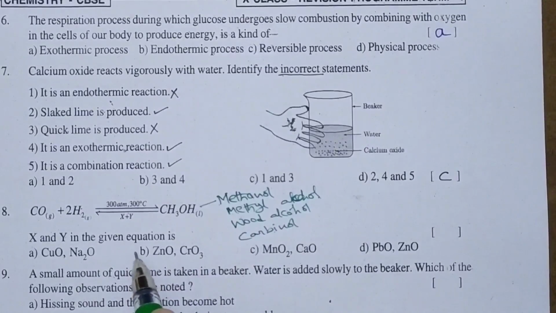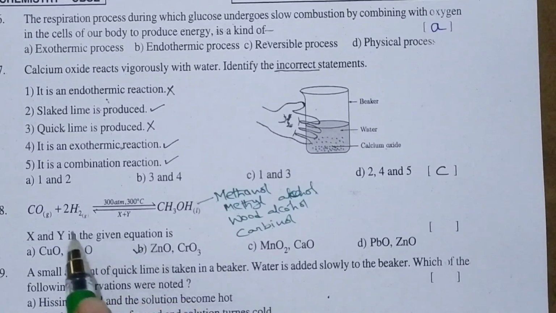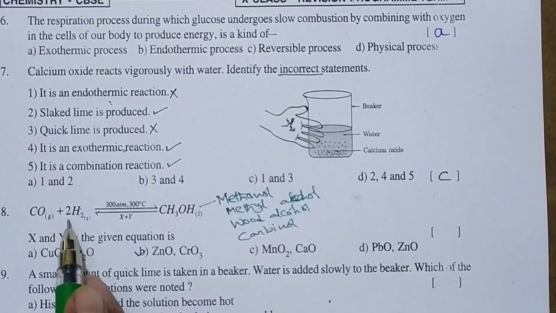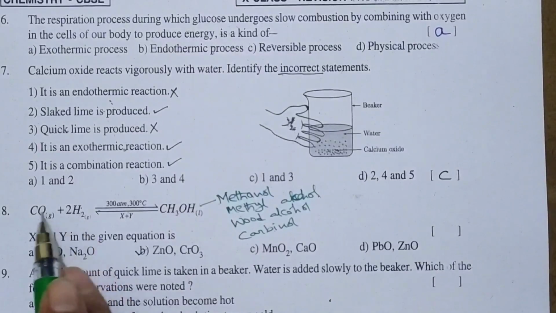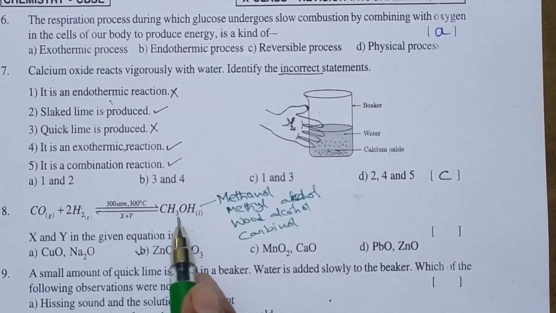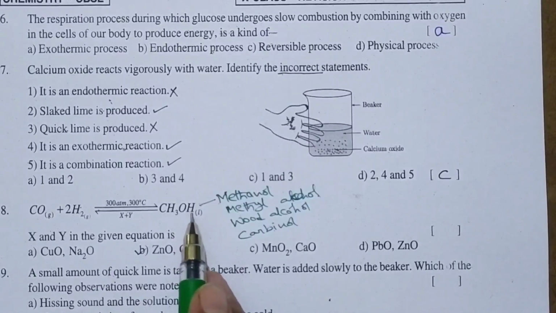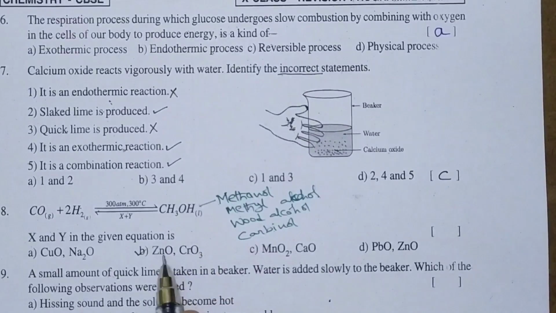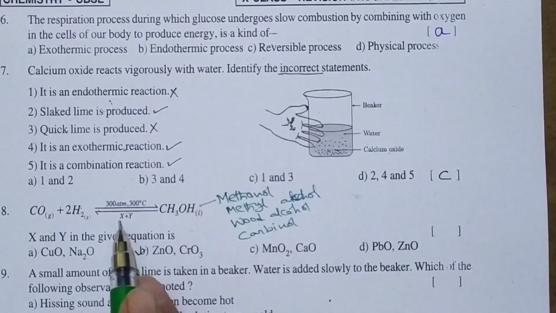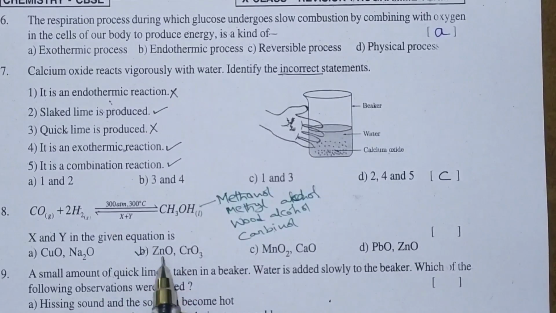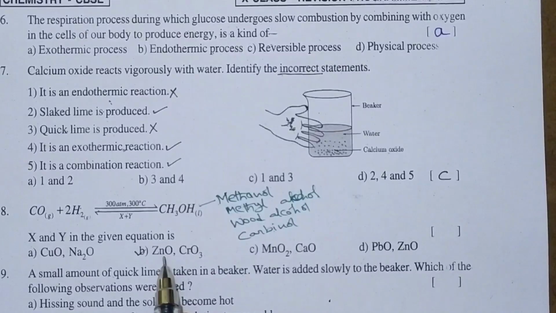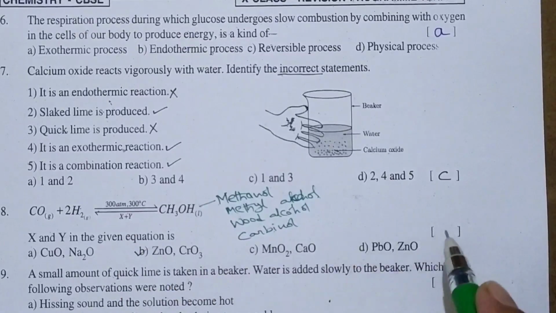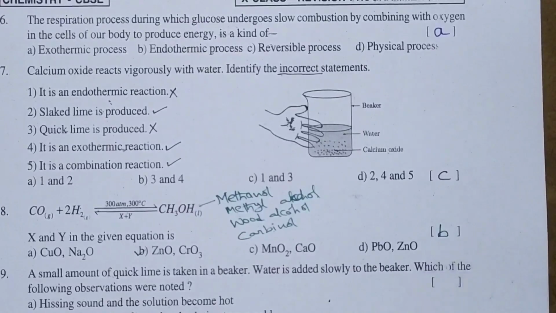Under the presence of these two components, carbon monoxide and H2 gas react together to give methyl alcohol. So here these two are to be used. In the combination of X plus Y, X is ZnO, zinc oxide, and Y is nothing but chromium trioxide. So, option B is the right answer.